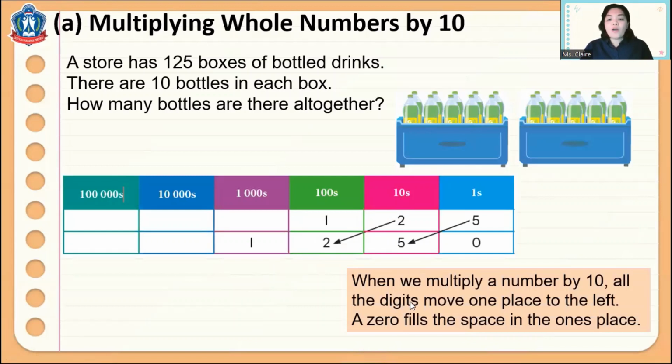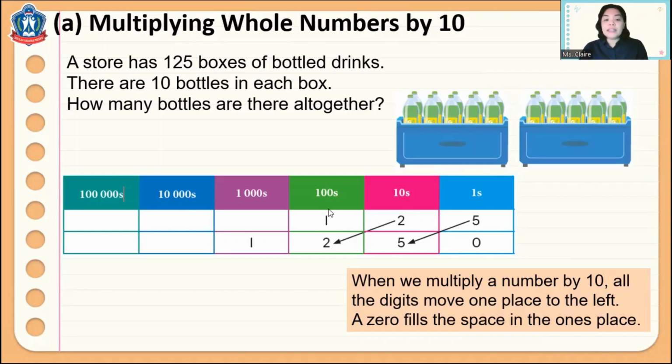When we multiply a number by 10, all the digits move one place to the left. So if our 5 here is in the ones place, it will move to the left one time. From ones, it will become tens, so it will become 50. Our 20 here, which is 2 tens, will now become 200.